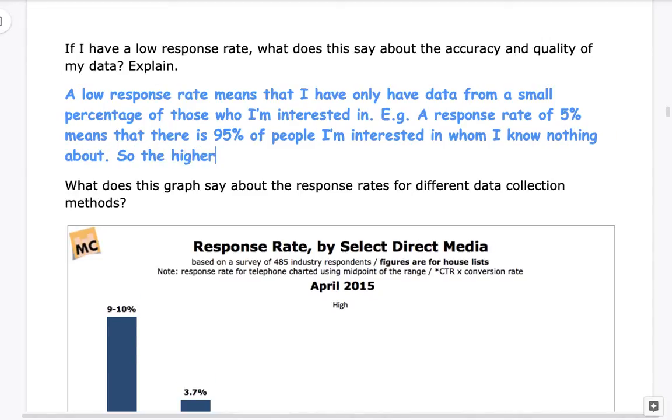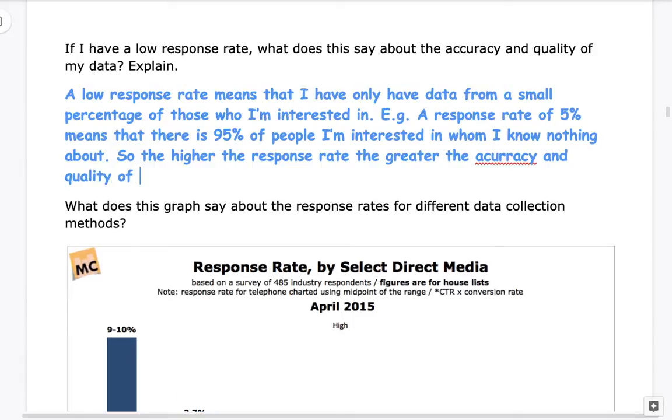So the higher the response rate, the greater the accuracy and quality of my data. And I can't spell accuracy.